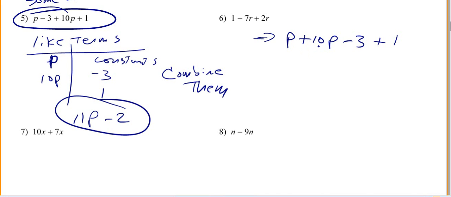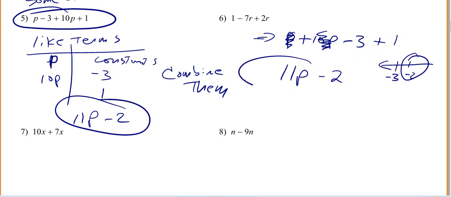If I've got 1p and I get 10 more p's, I've got 11p. Something I like to do is when I'm done with the p's, I mark them off. That keeps me from making a mistake. So minus 3 plus 1 is the same thing as just negative 2. If you're at negative 3 on the number line, you go forward one spot, you're at negative 2, right? So that's our answer, 11p minus 2.